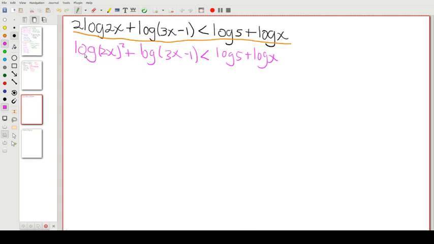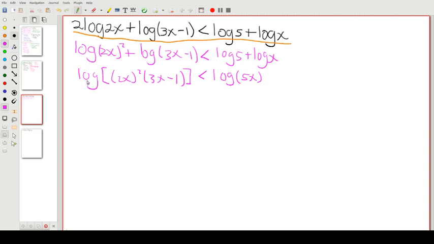On the left we've got log of something plus log of something, so that turns into log of those two things multiplied together. So we have 2x squared multiplied by 3x minus 1, less than, and on this side we combine these two logs, log of the two things multiplied together, 5 times x, 5x.